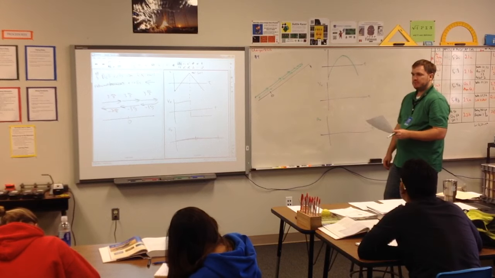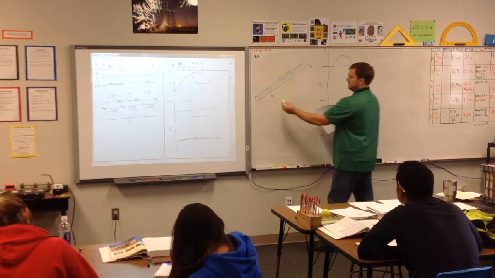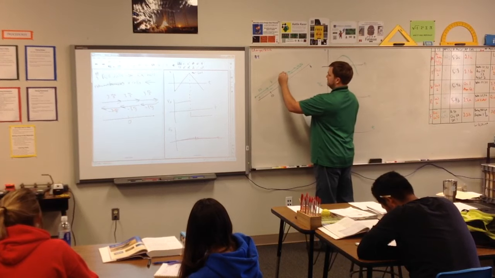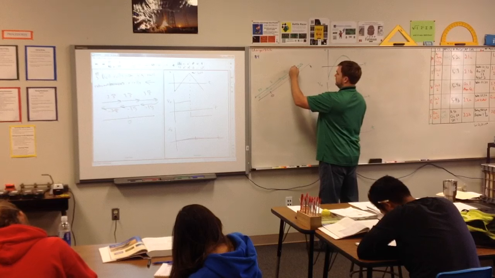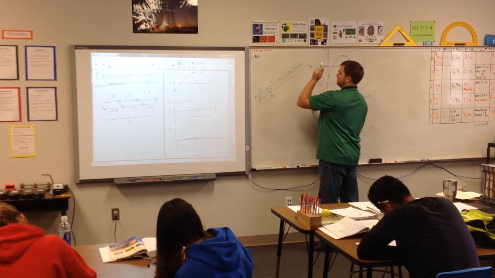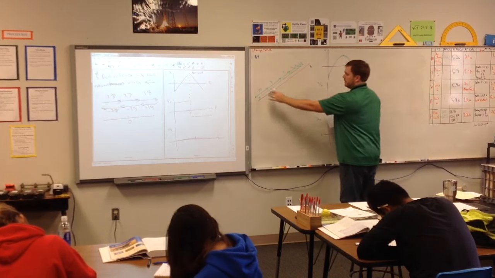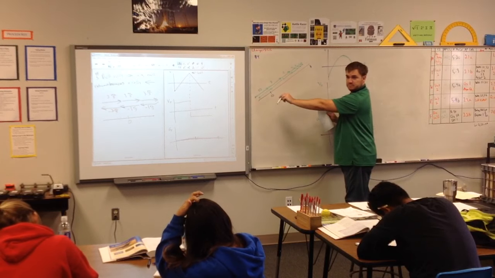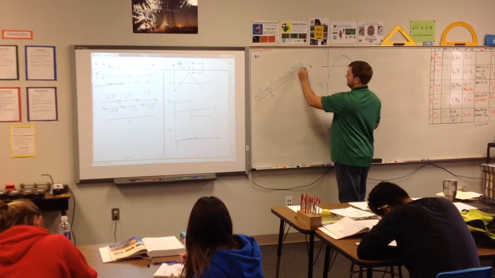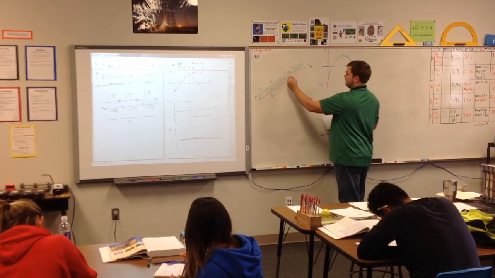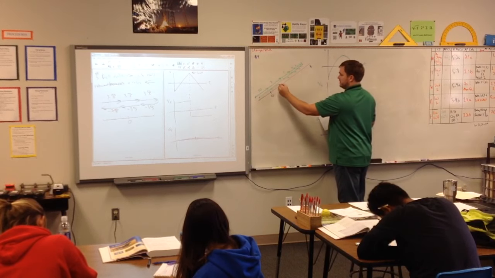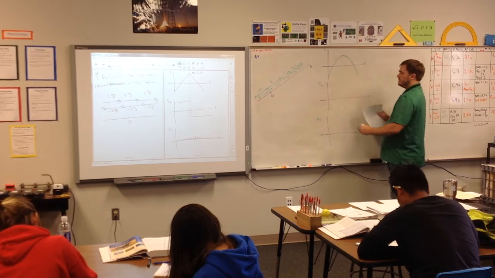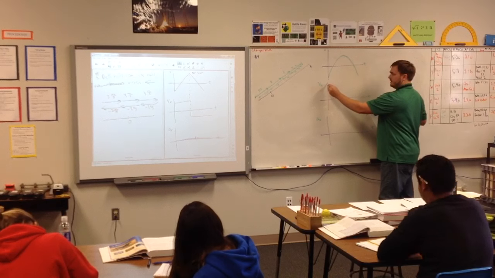Let's assign some numbers to reality here. 10, 8, 6, 4, 2, 1, 0. It's all positive as we start going down the ramp. All negative. Negative 1, negative 2, negative 4, negative 6, negative 8, negative 10. So velocity starts off over here.